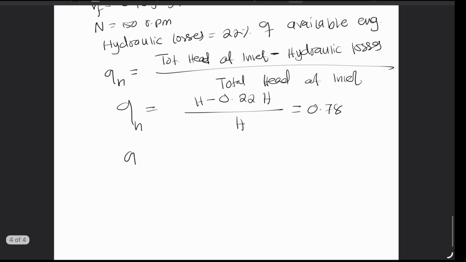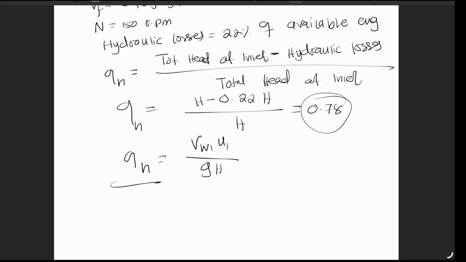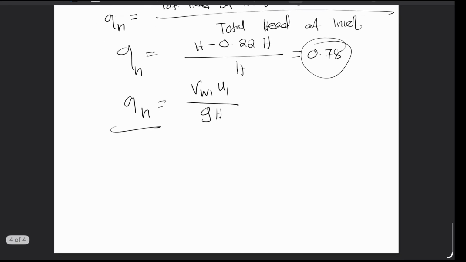And we already know the formula for hydraulic efficiency from the earlier equation, that is Vw1 U1 divided by gH. Just substitute this value here, and then you can solve the question. The first thing that you have to determine is the guide vane angle, I mean the guide plate angle.